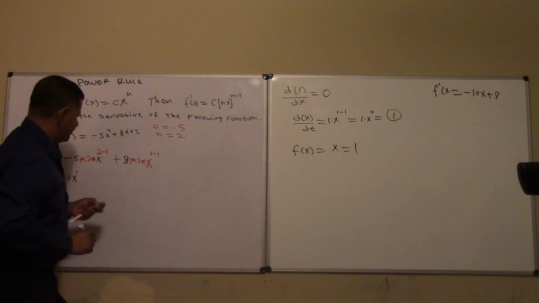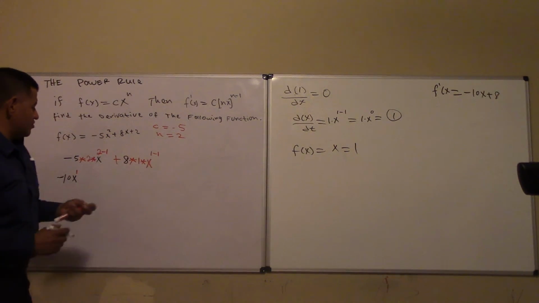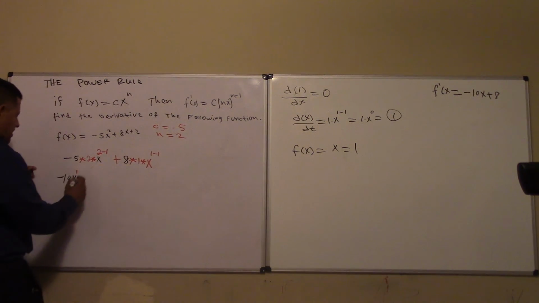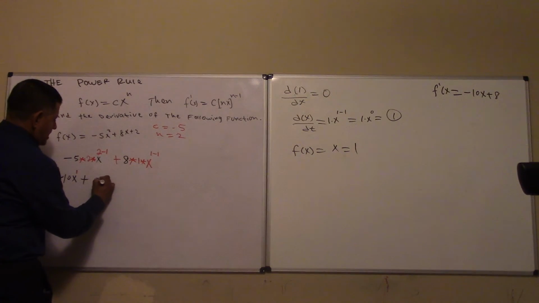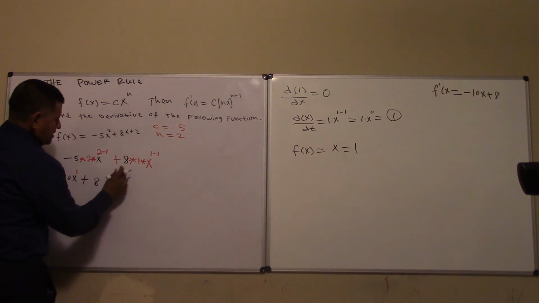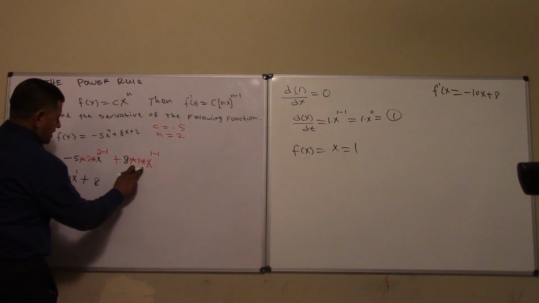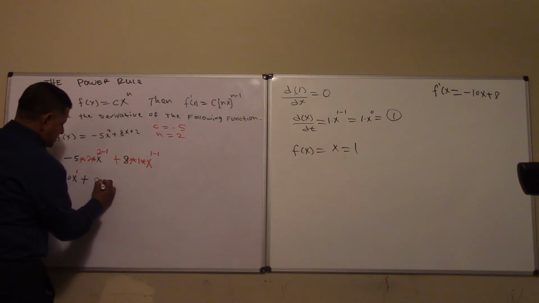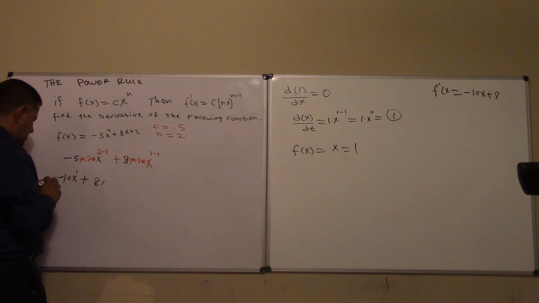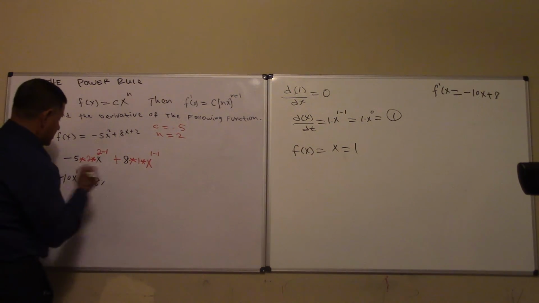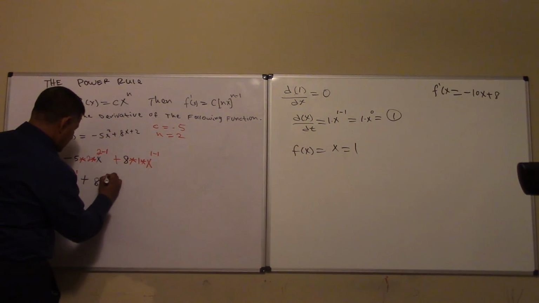And then here I get a 0 power, so I get plus 8 times x to the 0 power.